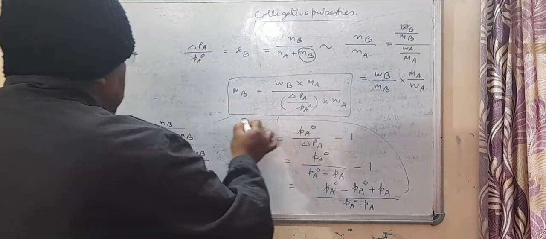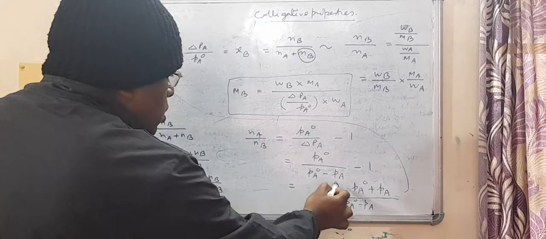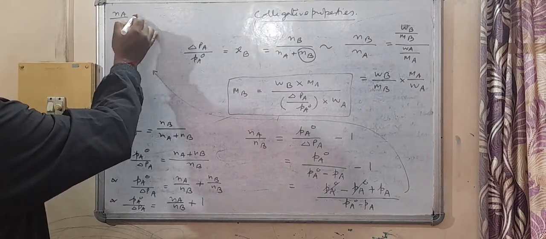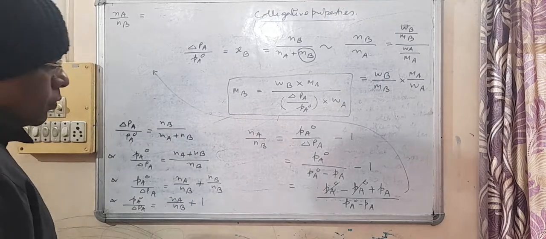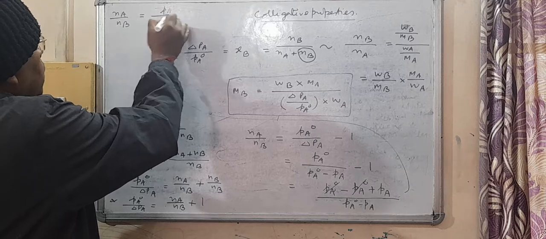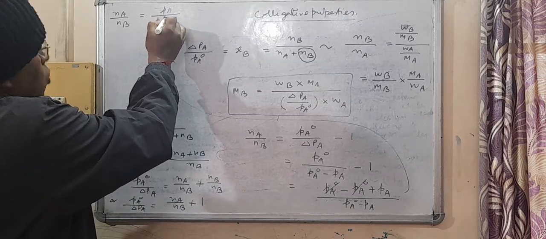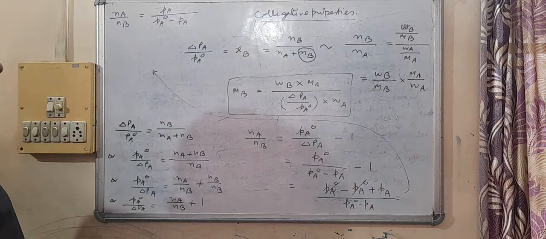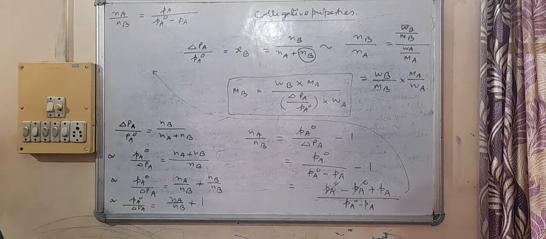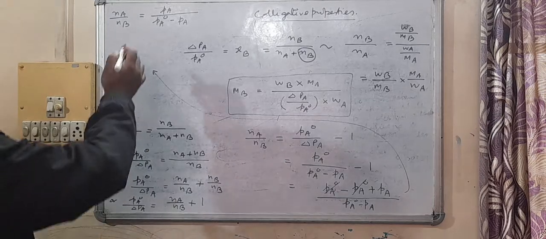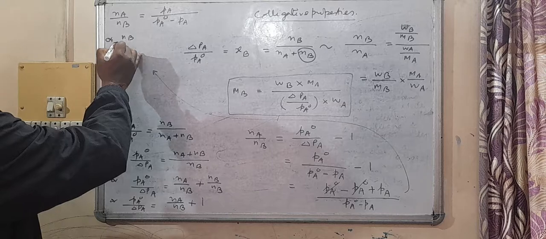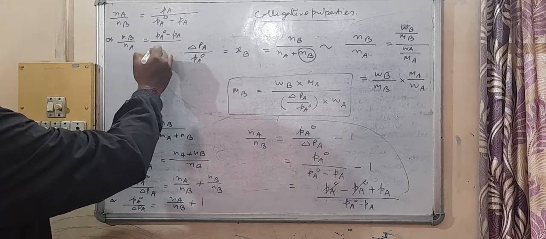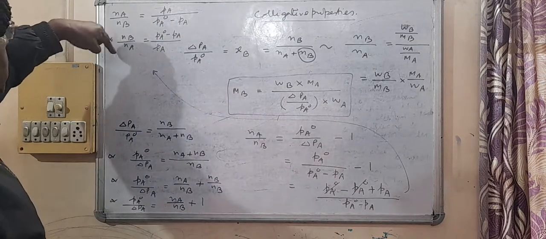And then from here this Pa naught cancels, so we get Na by Nb is equal to Pa by Pa naught minus Pa. Okay, and from here we can write Nb by Na is equal to Pa naught minus Pa by Pa. So we have just made it upside down.